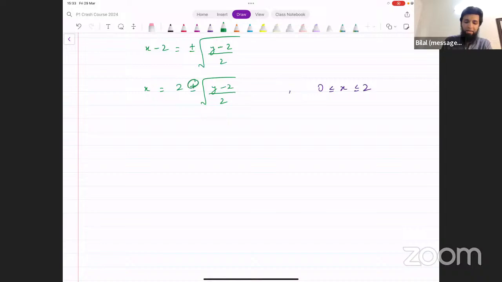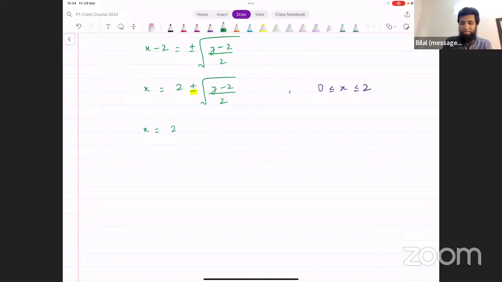Should you add something to 2 or subtract something from 2? 2 plus something will give you something greater than 2, and that's not what you want. 2 minus something will give you something less than 2, and that is what we want. You can only get some value within this interval with a minus sign here. You can't get a value within this interval with the plus sign. So we choose the minus sign in this case.